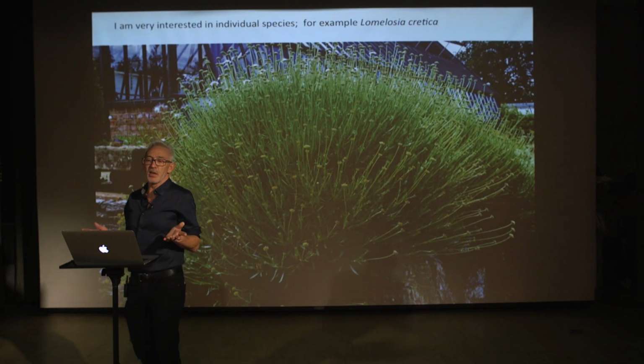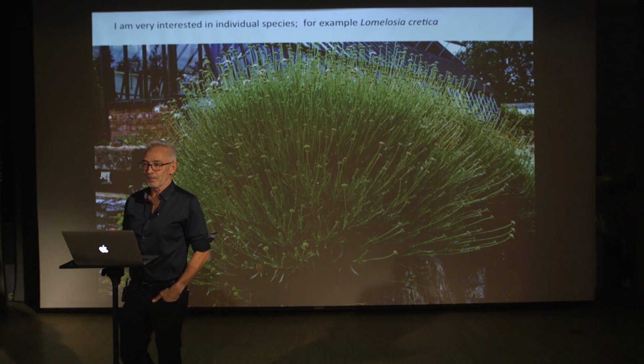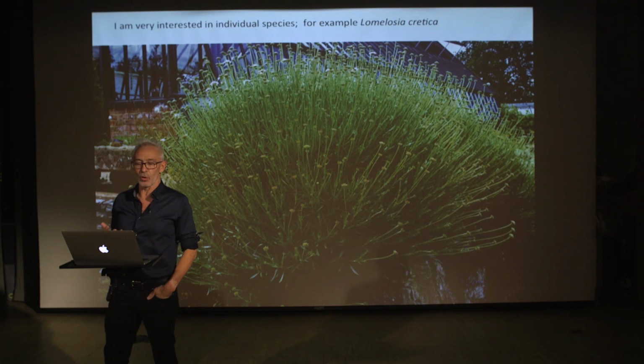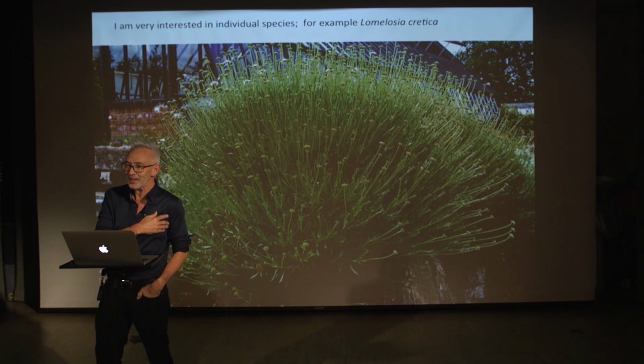And I'm very interested in individual species, and I'm a geek. I'm not someone from the landscape architecture world who only knows 6 species. I know terrifyingly large numbers of species. So I'm really interested in Lomelosia cretica, even though no one uses it.